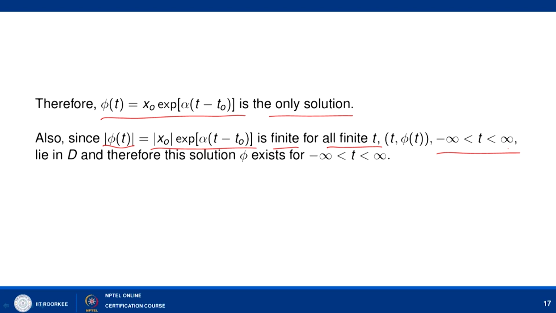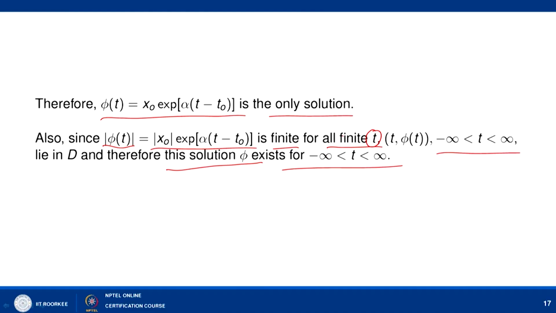So, it means that this solution phi exists for all t between minus infinity and infinity. Since f and the partial derivative of f exist for all (t, x), we can say that the solution will exist for all (t, x) for which the norm of phi(t) is bounded, and you can see that the norm of phi(t) is always bounded for all finite t. So, it means that the solution of this problem exists for all t.